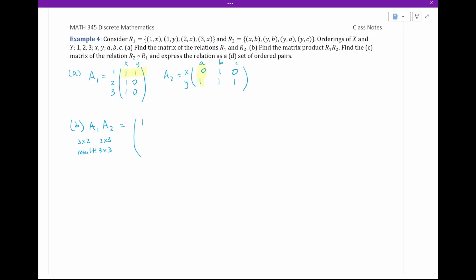And then this one with this, 1 plus 1 is 2. This one with this, 0 and 1 is 1. Going on to the second row, 0 and 0, 1 and 0. And third row, 0 and 1 and 0.